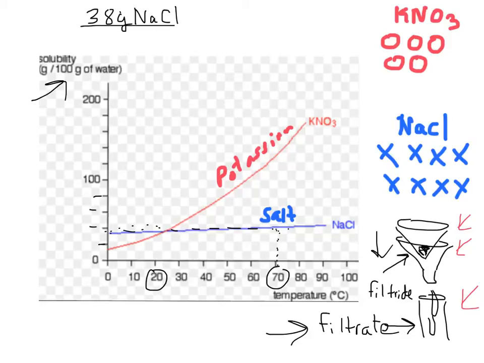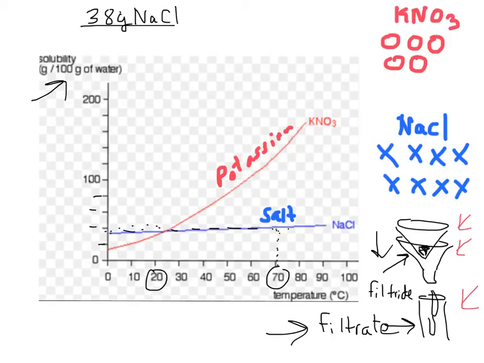Now, on our previous graph, and the one in your book, it says 100 centimeters cubed of water. Well, it turns out that for water, the density is 1. All water at room temperature has roughly a density of 1.00 grams per milliliter, which means that for every gram of water you have 1 milliliter of water.